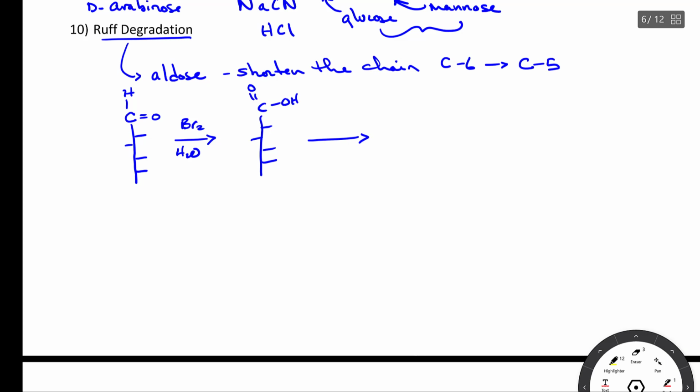And then it's followed by decarboxylation. And I don't know the mechanism actually for this reaction. H2O2, and then it's iron sulfate. Iron 3 sulfate. But what you get then is you get this guy.